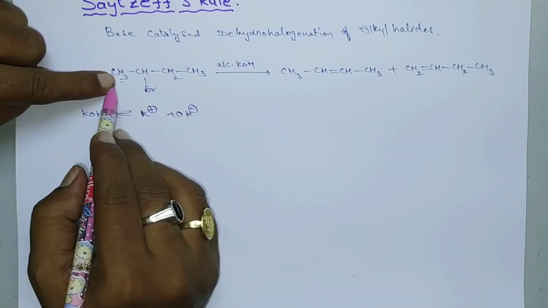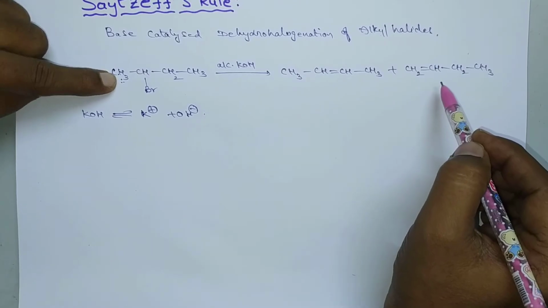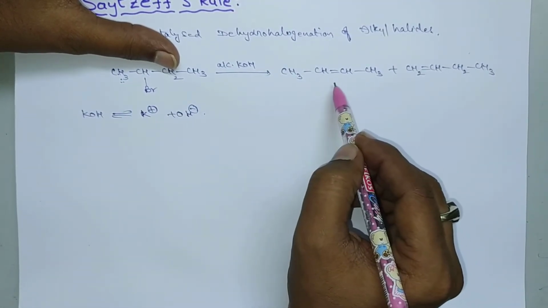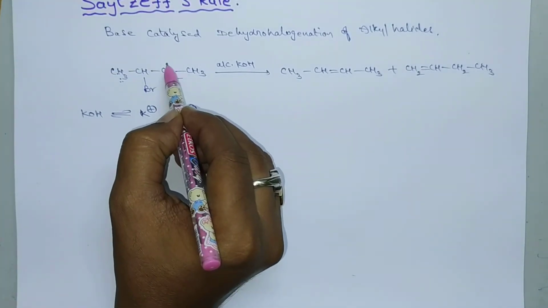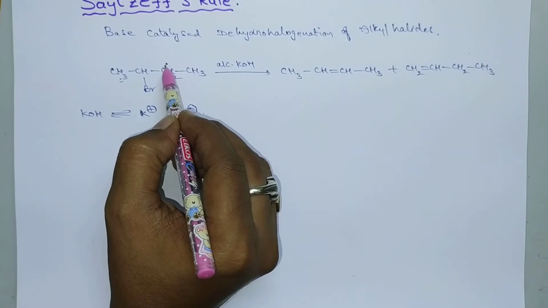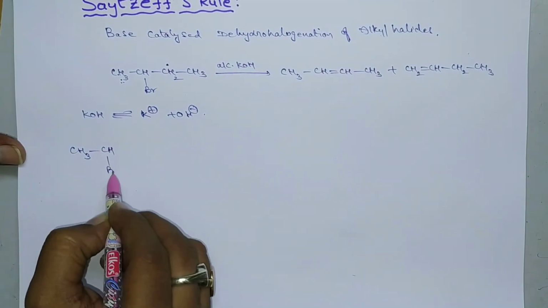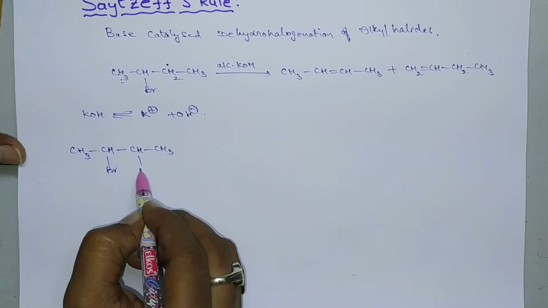Suppose hydrogen is eliminated from this carbon, we get the product like this. If hydrogen is eliminated from the other carbon, we get the product like this. Let us consider this hydrogen being eliminated. Take this molecule CH3, CH, Br, CH, CH3 with this hydrogen.